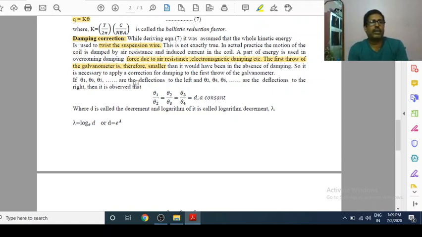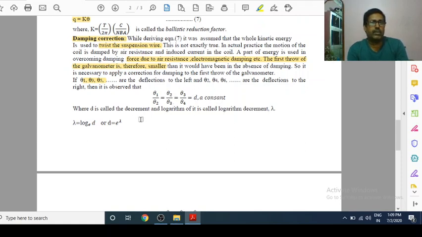Now, when the coil deflects, it goes to the left side, then the right side, left, right. If theta 1, theta 3, theta 5 are the deflections to the left side and theta 2, theta 4, theta 6 on the right side, then we can write the ratio equal to D. What is D?